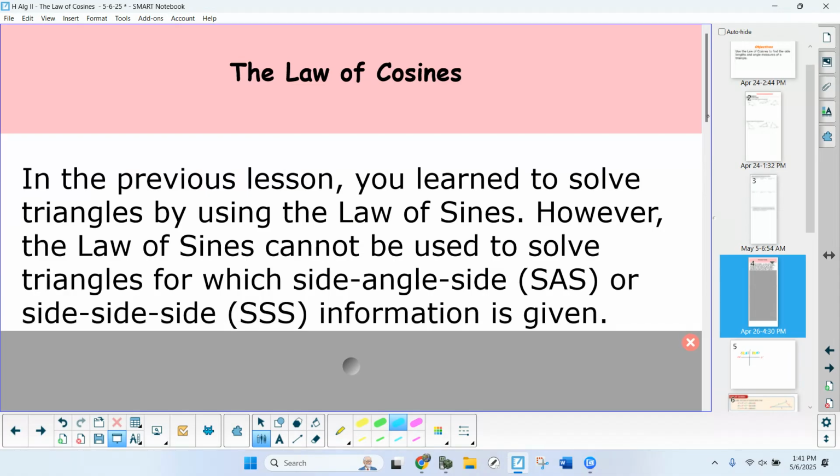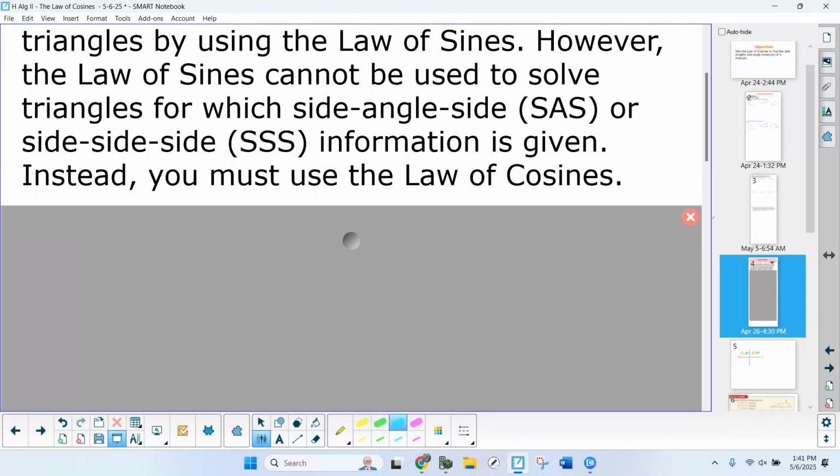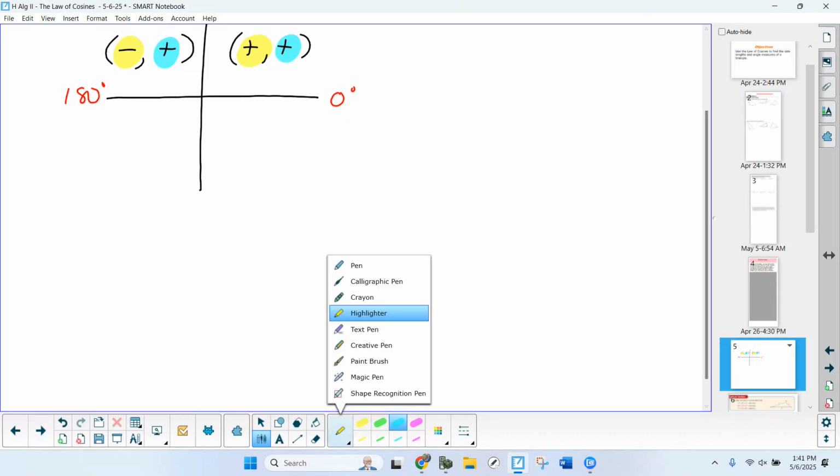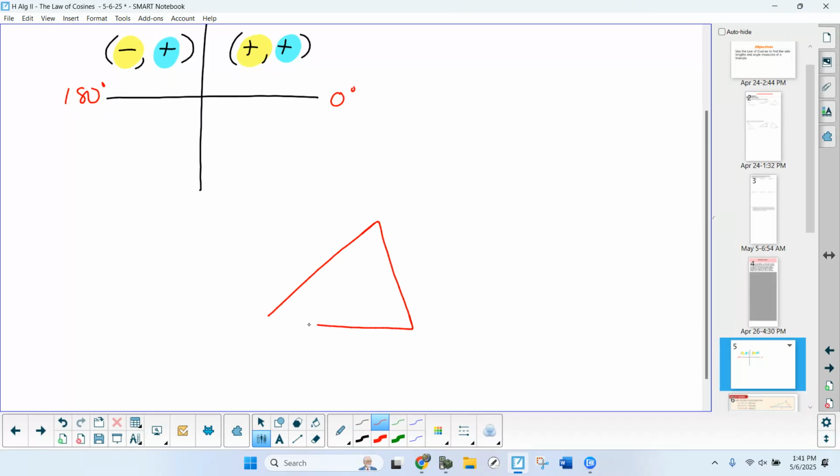Okay, well, we cannot always use the law of sines. I do like law of sines better if I can use it. I think it's easier than law of cosines. But it does not work if I'm given side, angle, side, or side, side, side. So think about this once. If I have a triangle and I am given 3 sides, can you use law of sines?